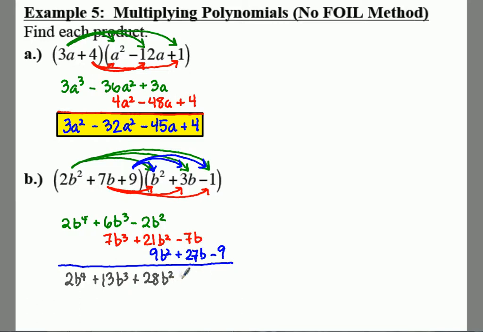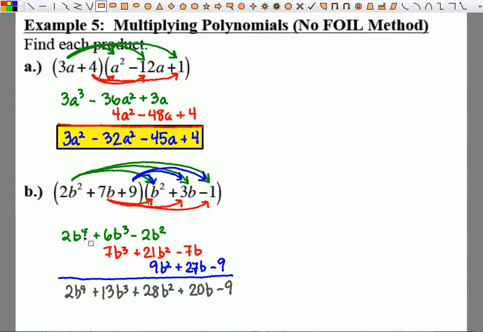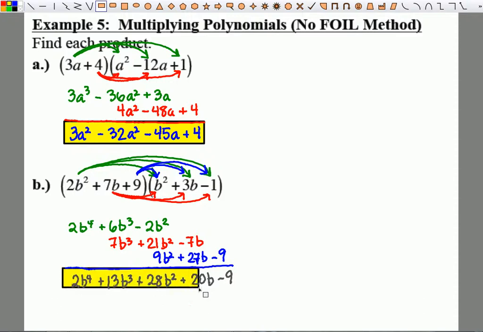And then negative 7b plus 27b is a 20b. And then we just bring down our negative 9. So we can combine all these into our answer. And there you go.